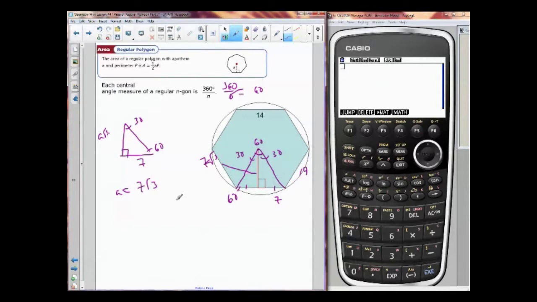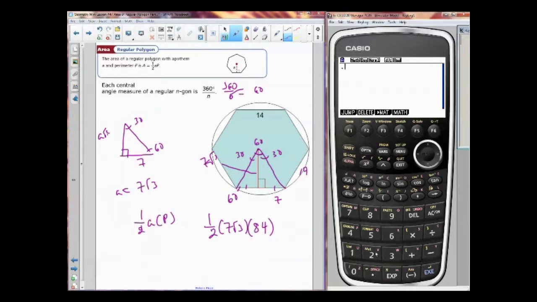Okay, so now we just plug it into the formula. 1/2 apothem times perimeter. My apothem is 7 radical 3, so I have 1/2 times 7 radical 3 times... we got 6 sides of 14, 60 plus 24 is 84. So my perimeter is 84. I'm going to put that in the calculator real quick.